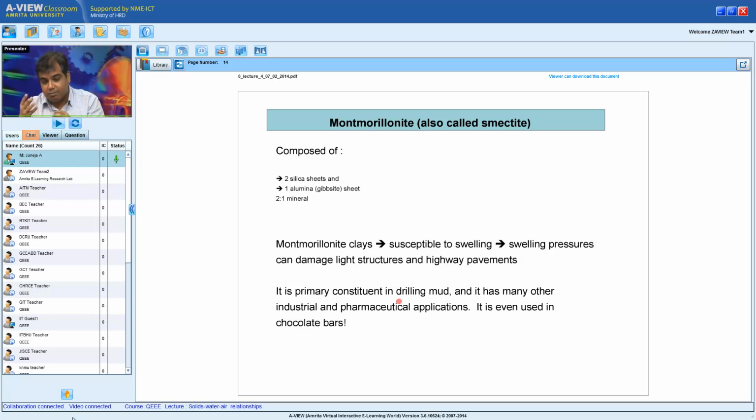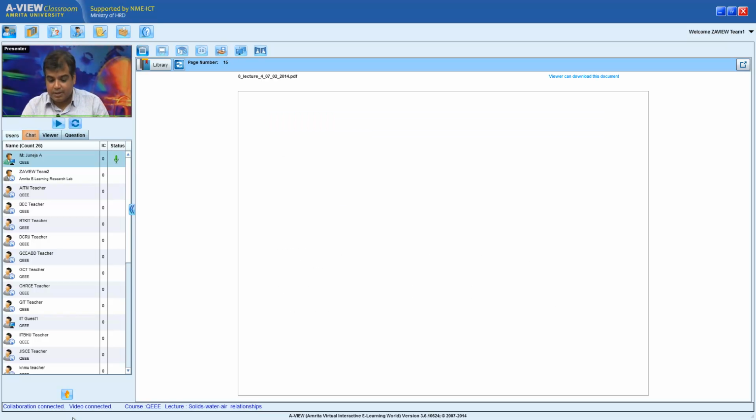That brownish color powder is mixed with water. This clay helps stabilize the borehole. So we call this drilling mud. Drilling mud is used for stabilization.